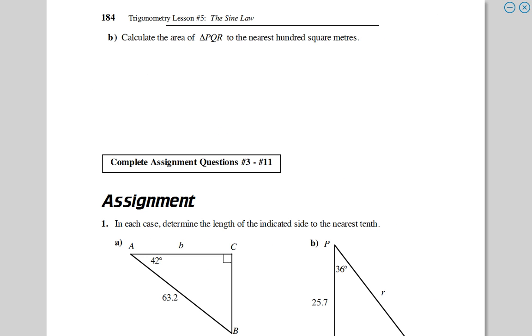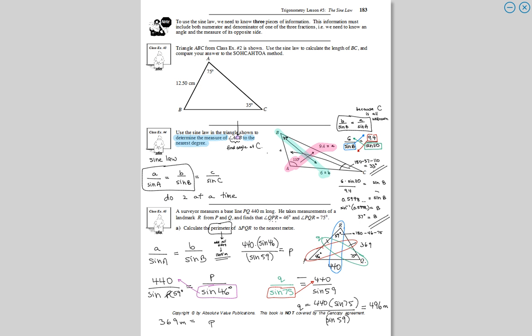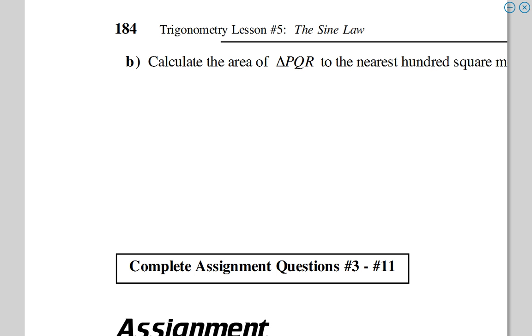Okay, moving on. I think this is the last one, and then you guys will have time to work. Calculate the area of PQR. Oh my gosh. We're not done with this. Okay, so back to this. We need to find the area. I'm just going to copy this triangle over here. You can copy mine.